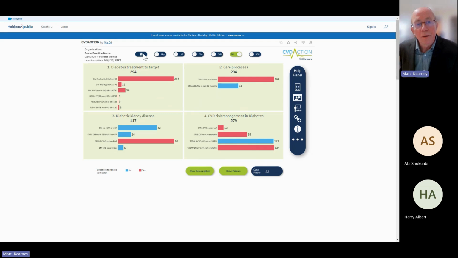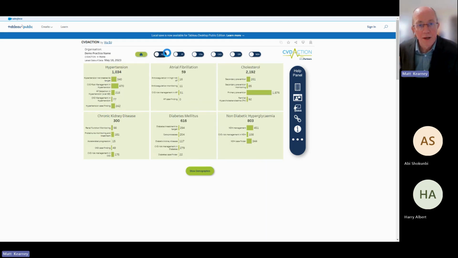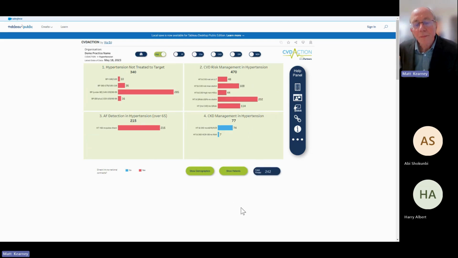Another thing that we can do to help us to prioritize, if we go back to the hypertension page, we can see we have the ability actually to focus on health inequalities also, because we know that CVD is a major driver of health inequalities. It accounts for about a fifth of the life expectancy gap between rich and poor.